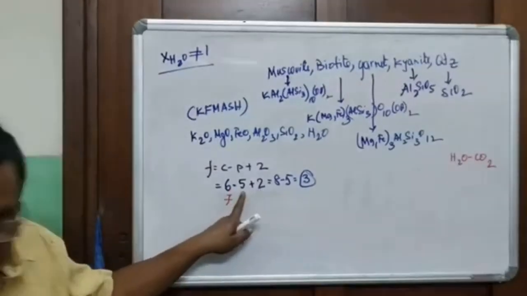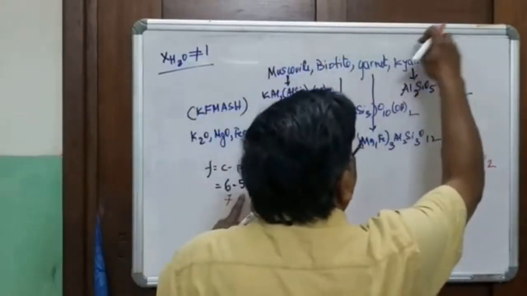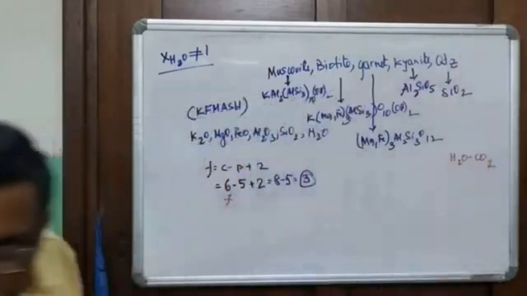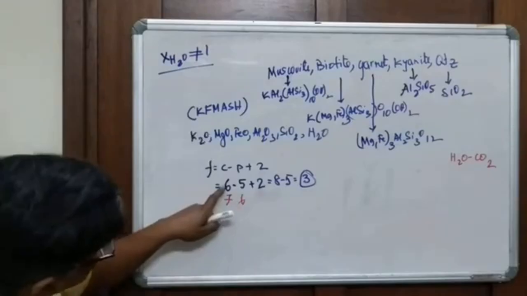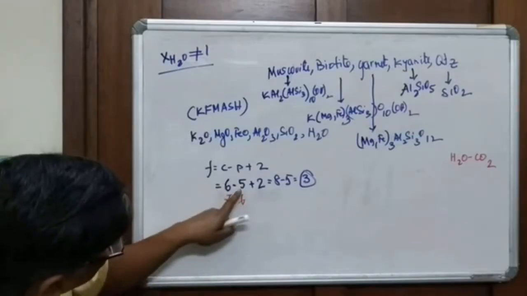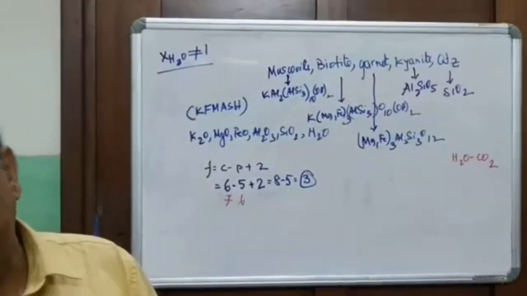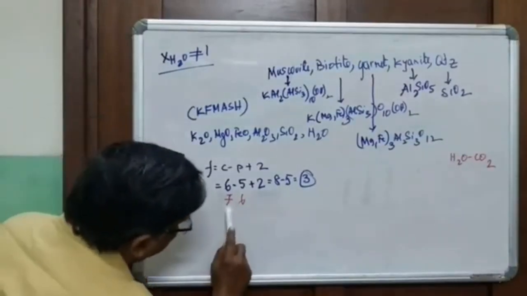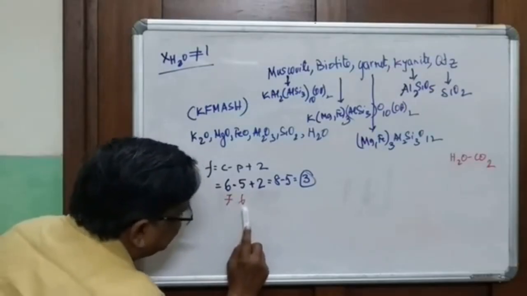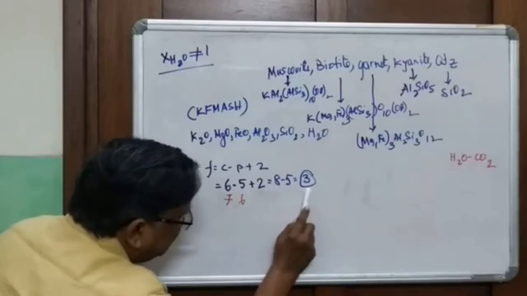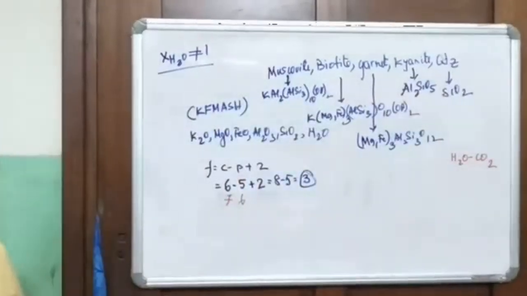And your phases would have been muscovite, biotite, garnet, kyanite, quartz, and fluid. That is 6. You see, I have increased C, but I have also increased P. Your variance remains the same. That's very interesting. I have increased the number of system components, and I have increased the number of phases by the same amount. Variance remains the same. No change.